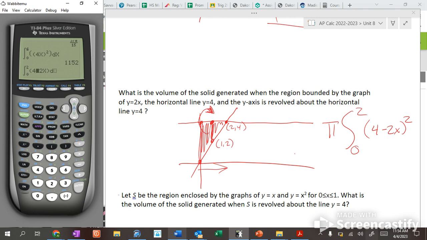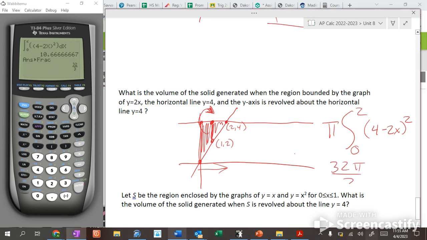Oops. Need to insert a parenthesis, squared dx. Enter. Math, change it into a fraction, please. So 32 pi over 3.